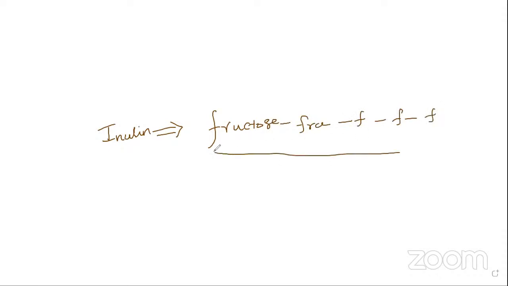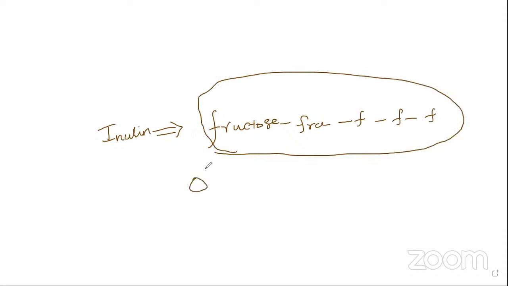The polysaccharide is made up of only fructose molecules. Fructose, again fructose, again fructose, only fructose. Such type of molecules are also called oligo, made up of only one kind of sugar molecule. Now you got it, no?